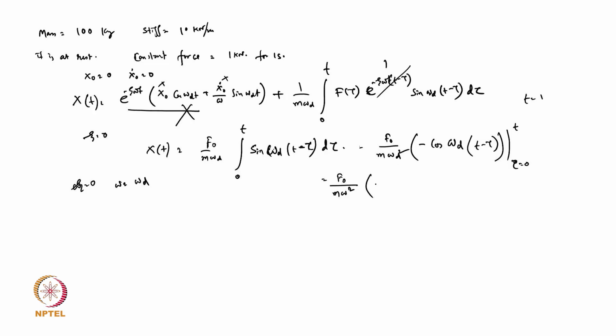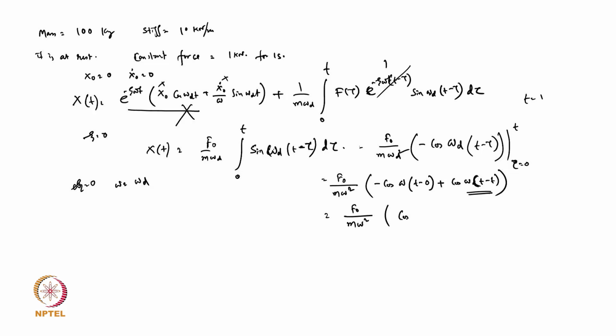So if I substitute it, cos of omega into t minus 0 minus, so it will become plus cos of omega into t minus t. So f0 divided by m omega square into cos of omega t will become cos 0.